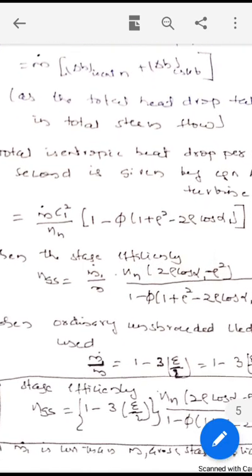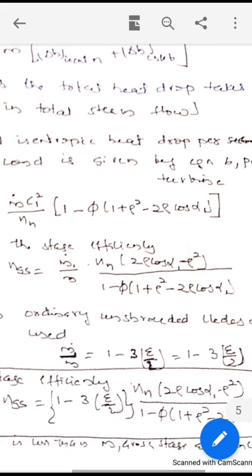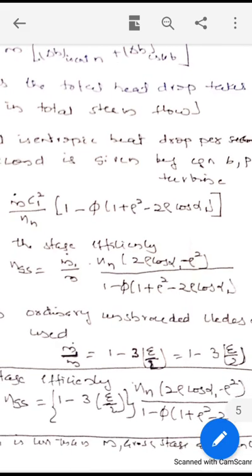Then the stage efficiency considering the leakage over the blade tips equals M1 dot divided by M dot times the gross stage efficiency, which is without considering the leakage losses over the blade tips.